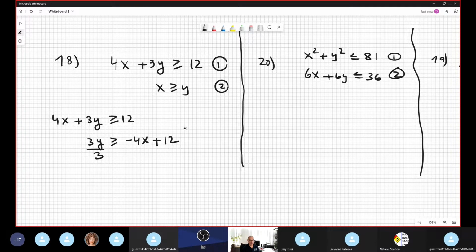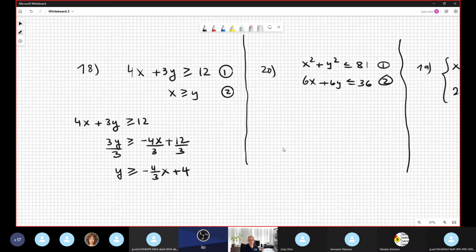Divide by 3, and 3 is a positive number, therefore the inequality sign stays the same, it's negative 4 over 3 x plus 4. To do the graph of this is relatively easy.